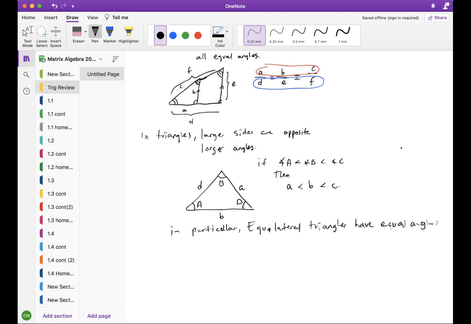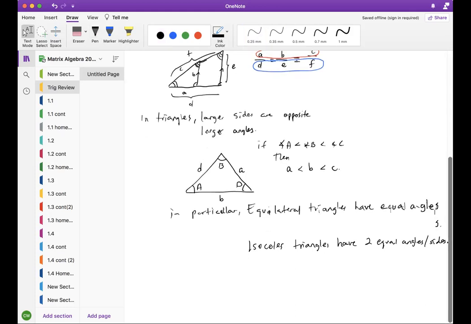So equilateral means all the sides are the same length. And isosceles triangles have two equal angles and sides. Okay.